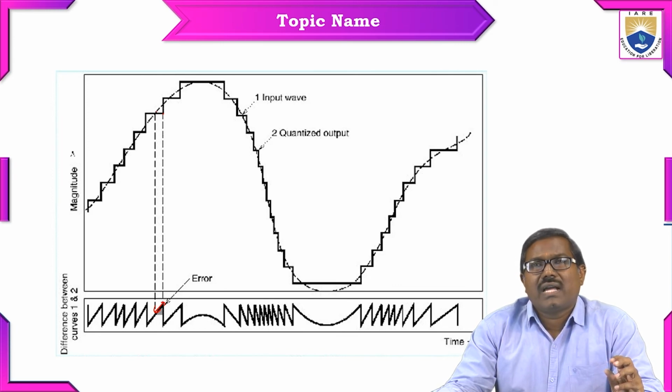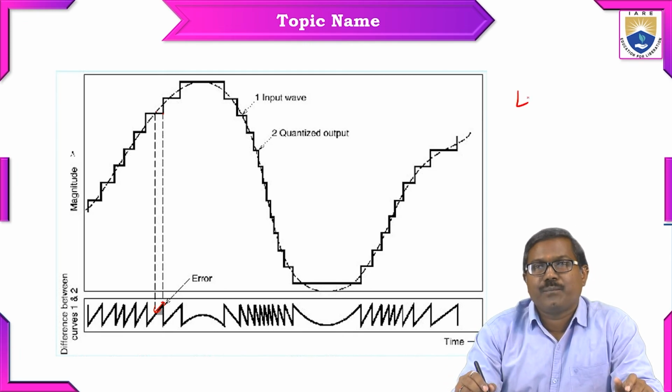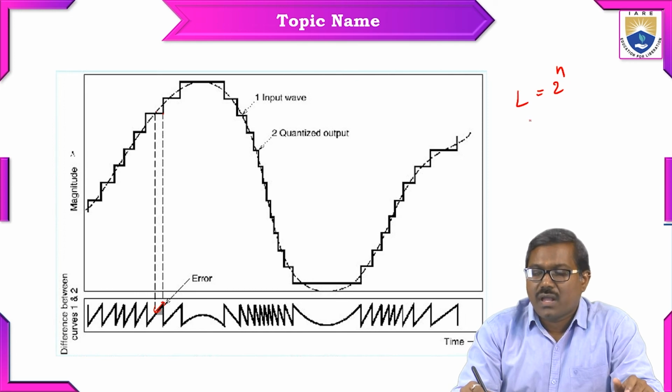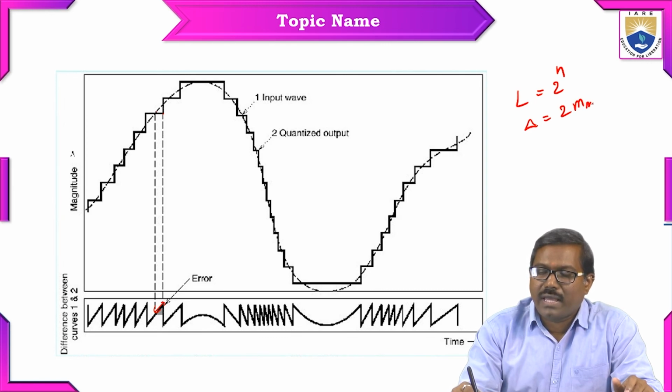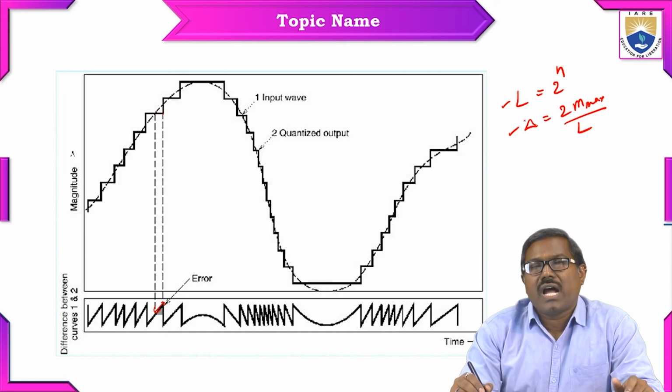So that's why I require the predetermined reference levels or quantization levels, called L. This L is related with N, and the step size is the spacing between the reference levels, which is equal to 2 m max by L. So by knowing these two parameters, I am going to design my quantizer.